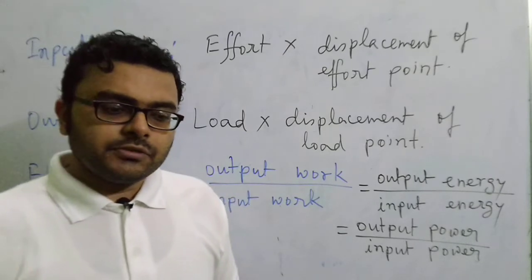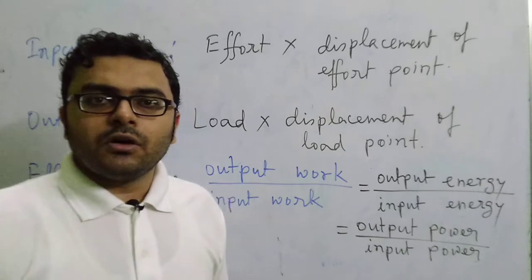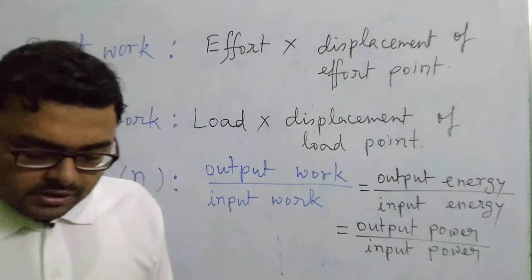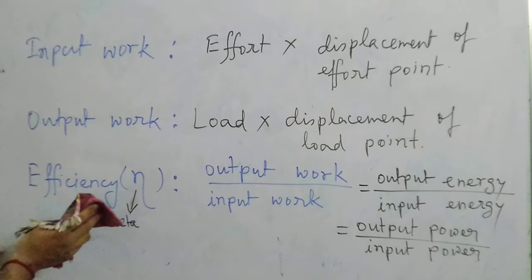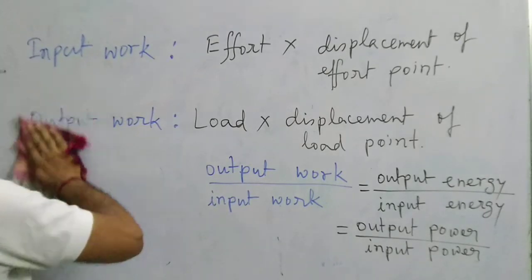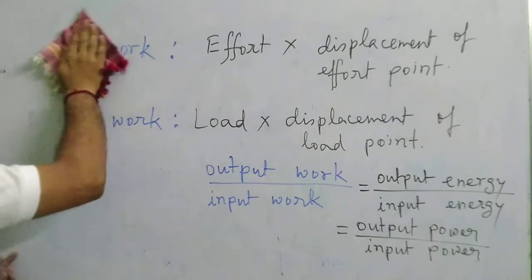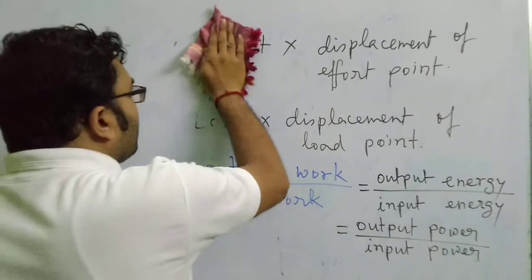So we will get more useful work if we use a better or more efficient machine. Now there is a slight expression we can derive from this expression for efficiency. Let us just come to that derivation. Efficiency is defined as the output work by input work. So from this definition, you can get a relationship between the efficiency, mechanical advantage, and velocity ratio of a machine.